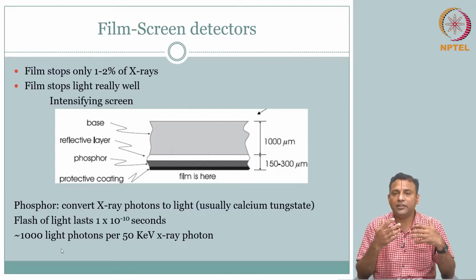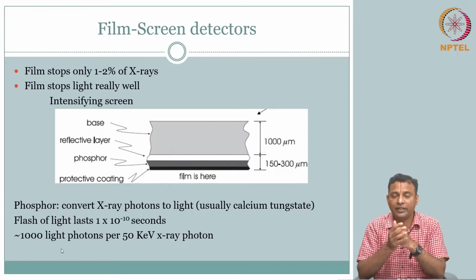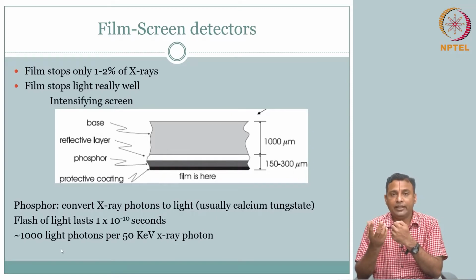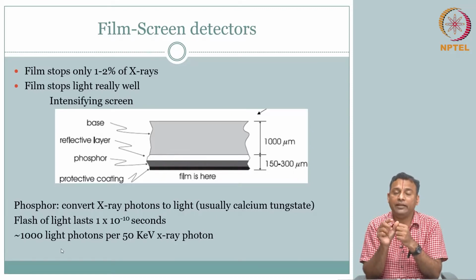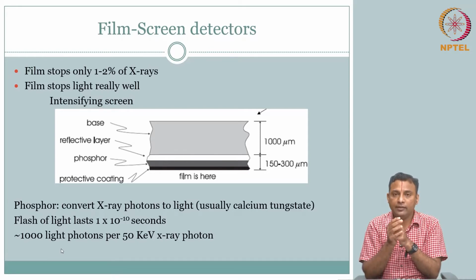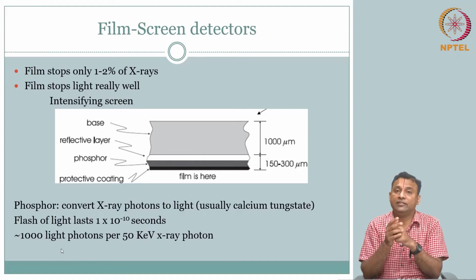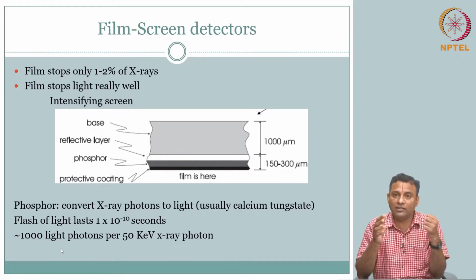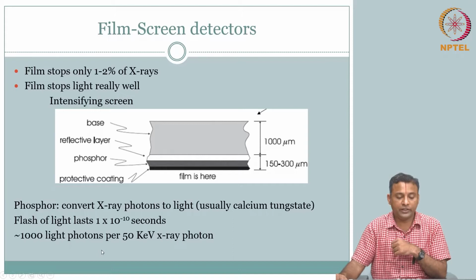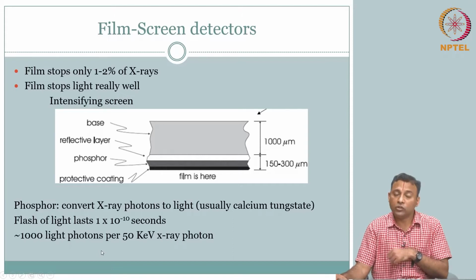So, what are the conditions? It will depend on the energy of the X-ray photon, and on the material property, how it can absorb, that is one thing. Then its conversion efficiency, how efficiently it converts this energy into photon energy. So, all these are factors.